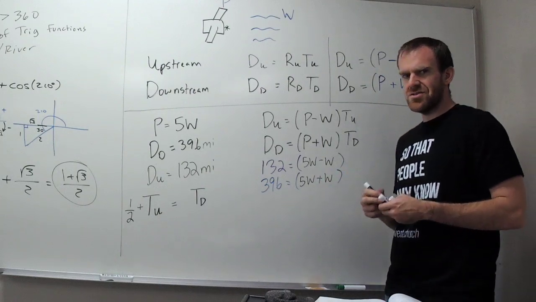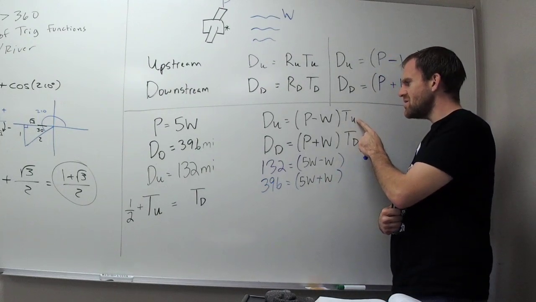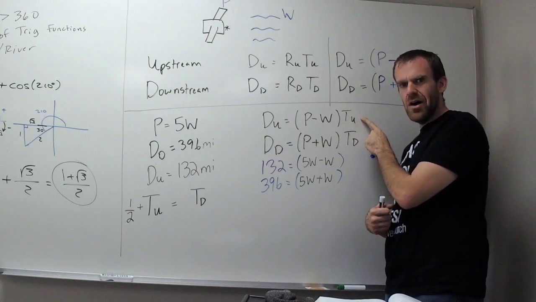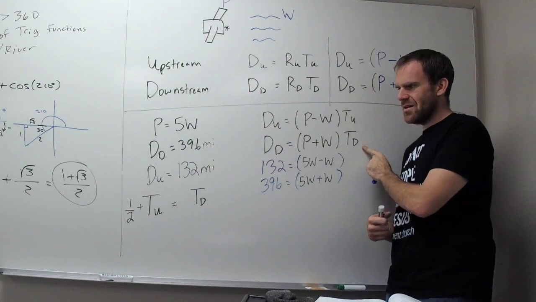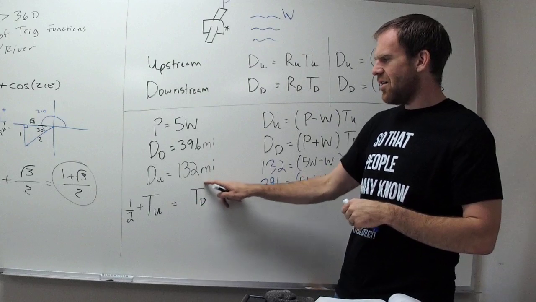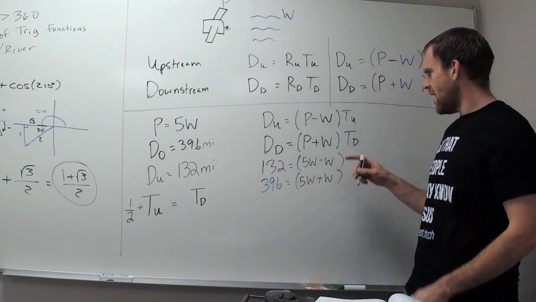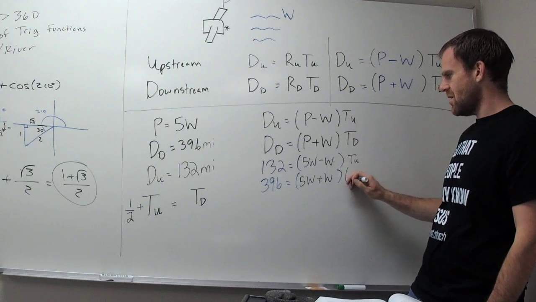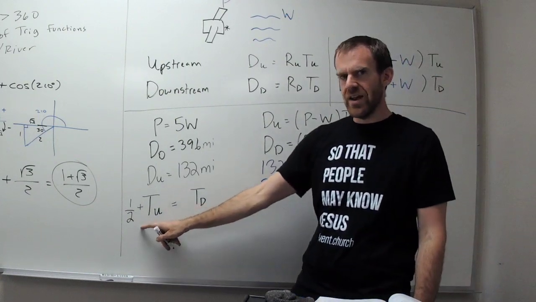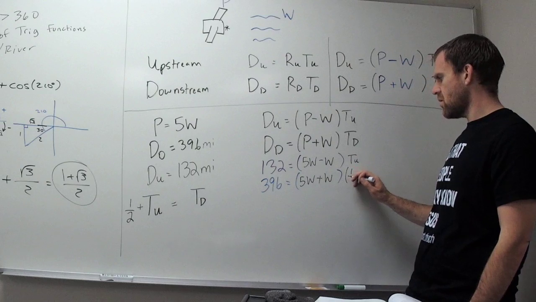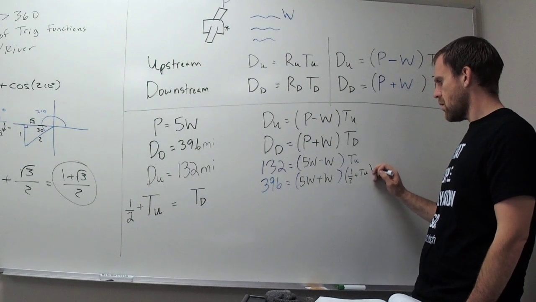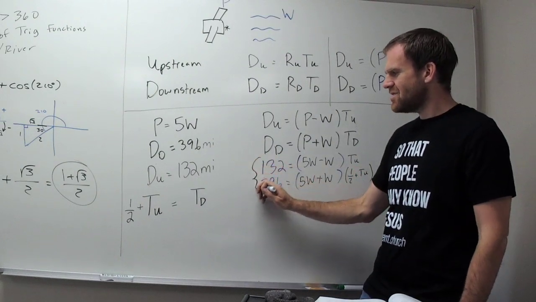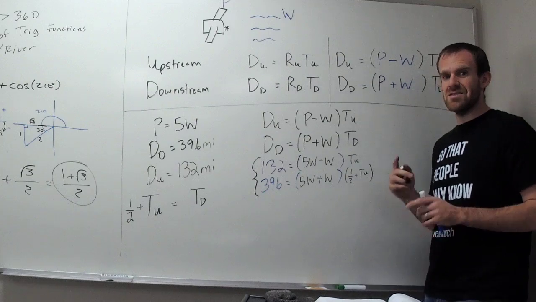Now here's where it gets tricky. I'm going to have to choose to either solve for time upwind or time downwind. Since I already have time downwind solved for, I will plug in to time downwind. So time downwind is 1/2 plus TU. Now, we have these two equations that we now need to solve.